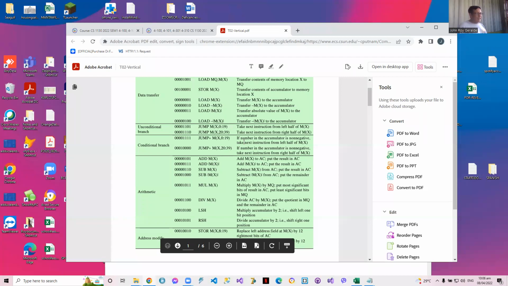Now, what does it do? If the number in the accumulator is non-negative, do the jump to the left, or if jump to the right, if the number in the accumulator is non-negative, do the jump to the right. So what can we say about jump plus compared to the analytical engine? What's the equivalent?